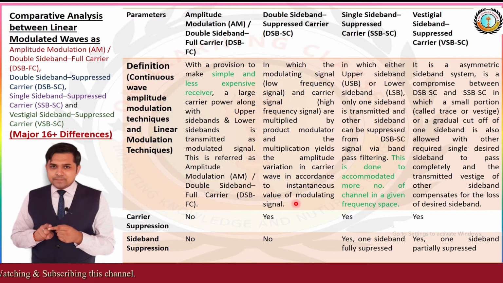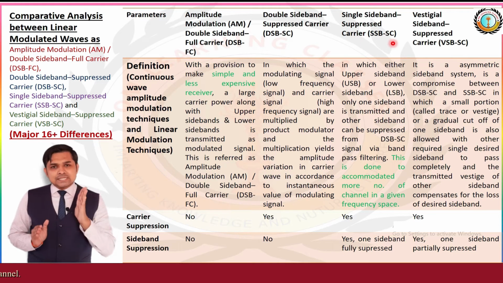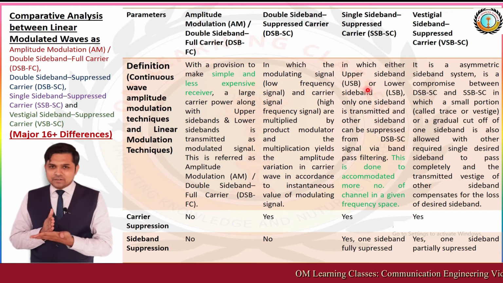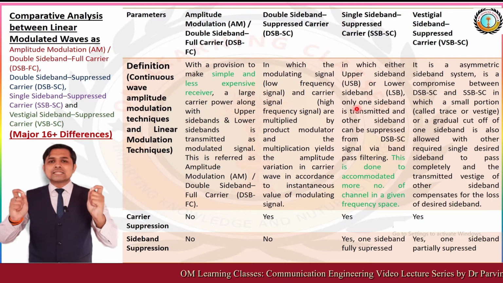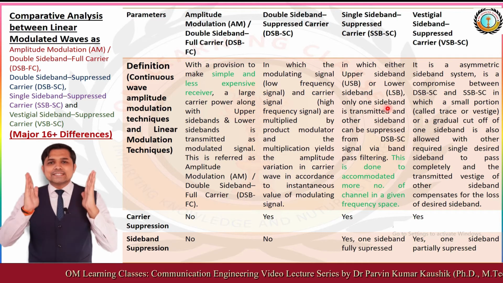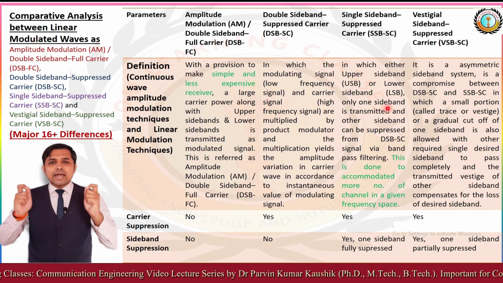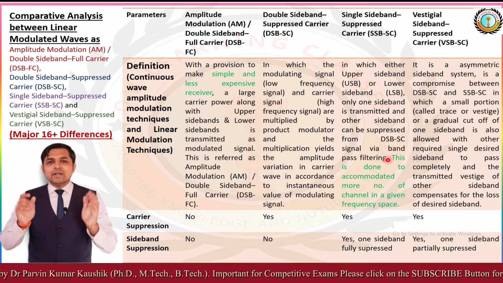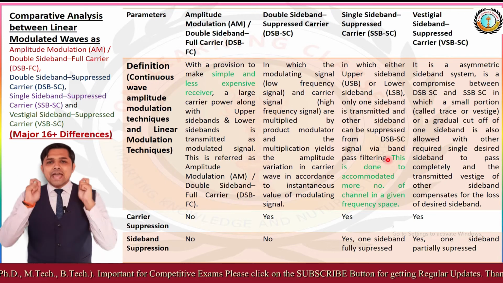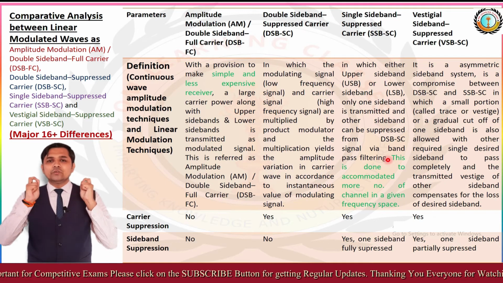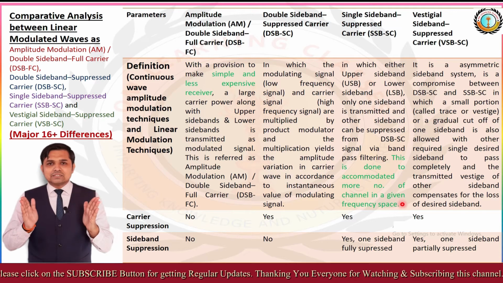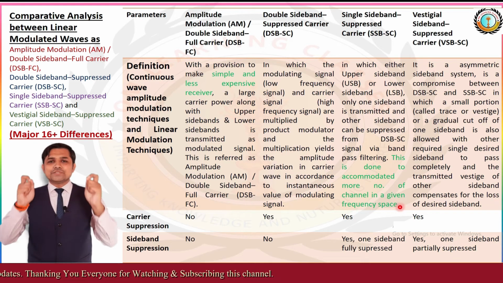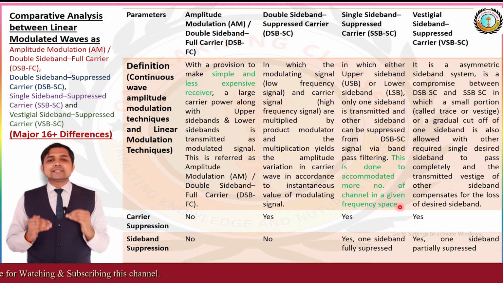In SSBSC, we consider the DSBSC signal, and by utilizing a band pass filter which only passes one sideband and rejects the other sideband, we get the output in terms of upper sideband or lower sideband SSBSC modulated wave, and this is done so that we can accommodate more channels in a given frequency space.